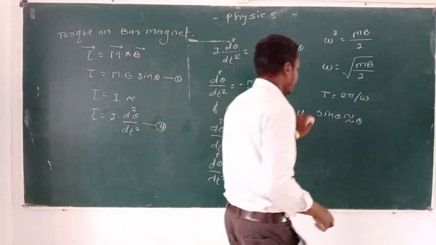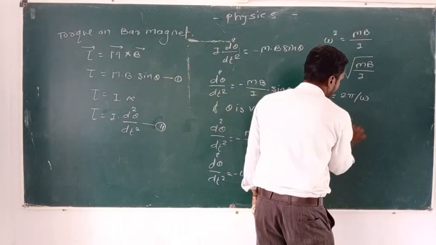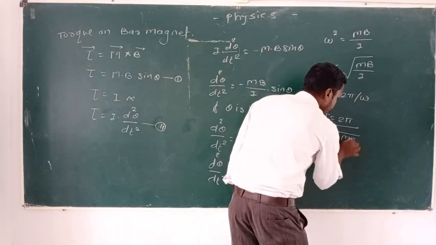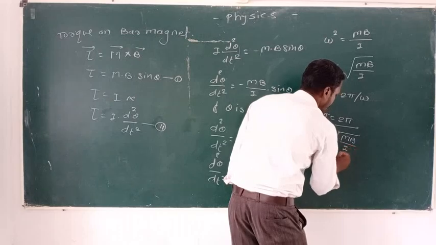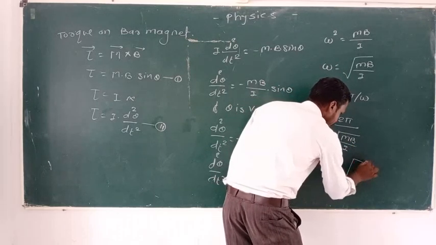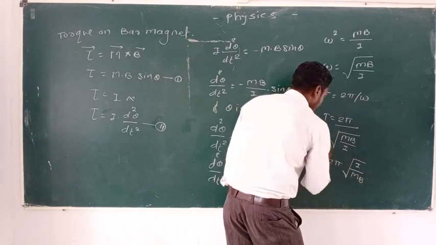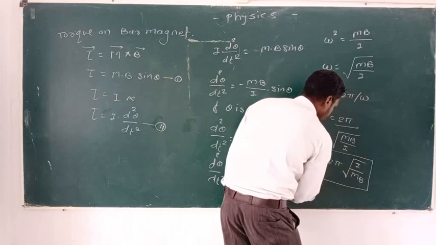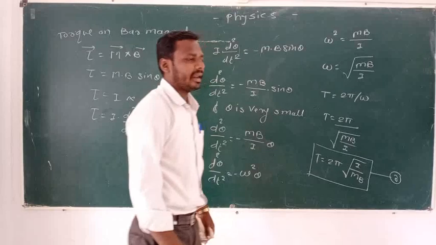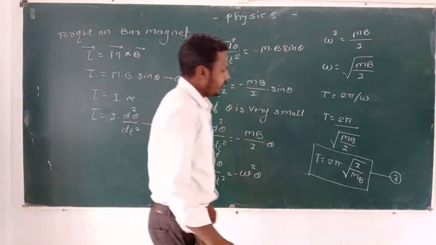Then I can write T is equal to 2 pi divided by omega, under root mb divided by I. Finally we can write T is equal to 2 pi under root I divided by mb.